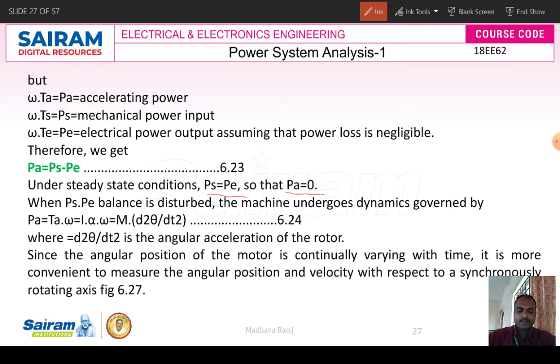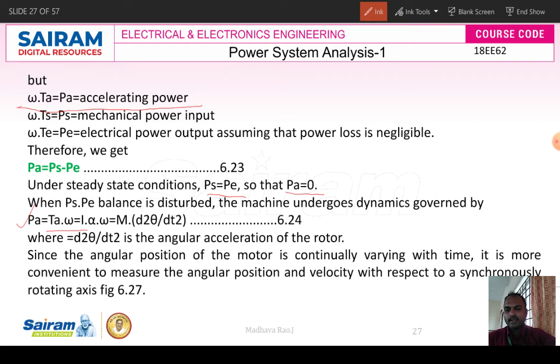When the balance between PS and PE is disturbed, the machine undergoes a dynamic response. PA is equal to TA into omega, so you can write PA as omega into TA, which is I alpha into omega.